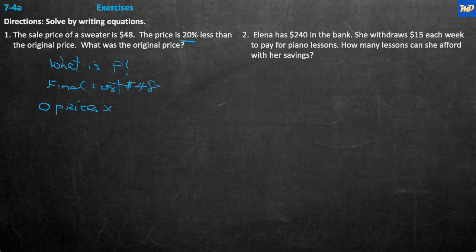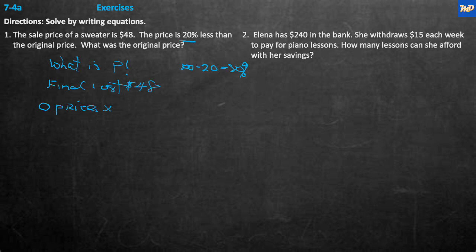So what that really means is 20% in this equation. The trick here is that you have to take 20% from 100%. So you start with 100% and subtract 20% from it, which equals 80%. That's what you're going to be multiplying the original price by.